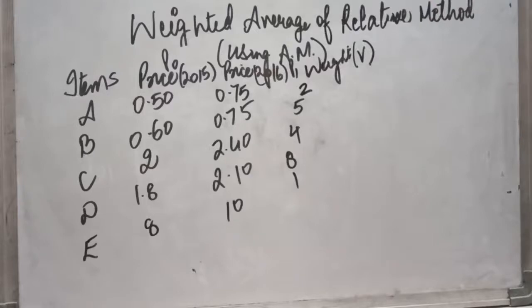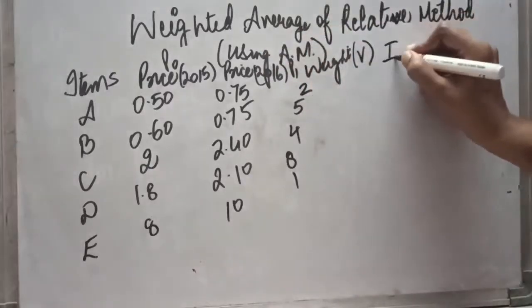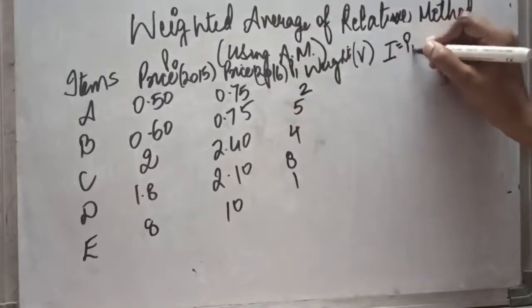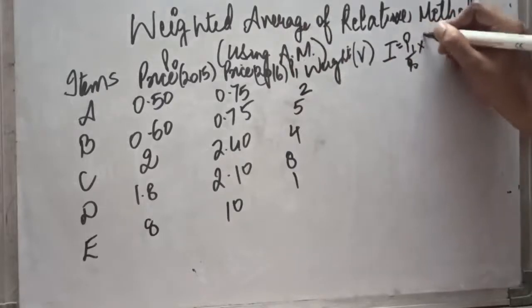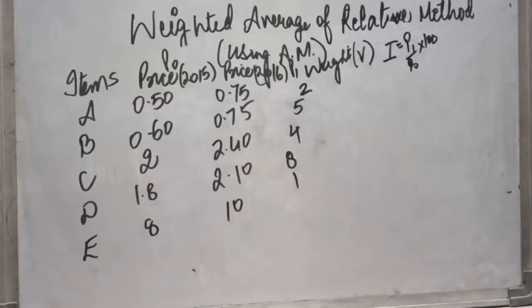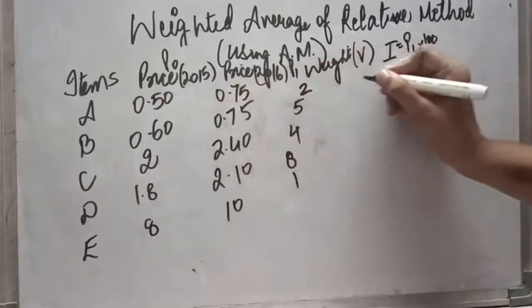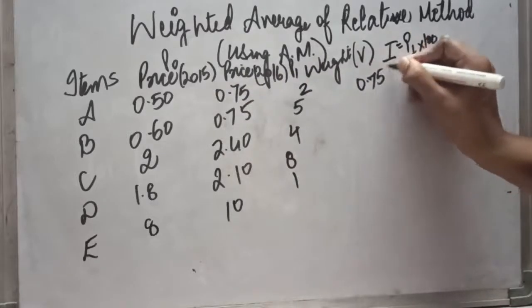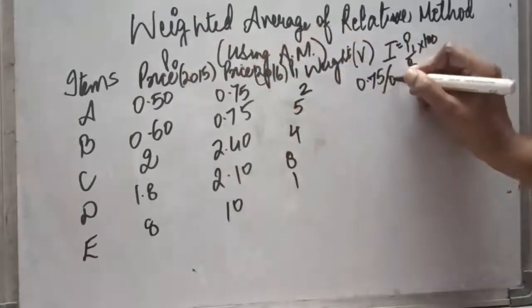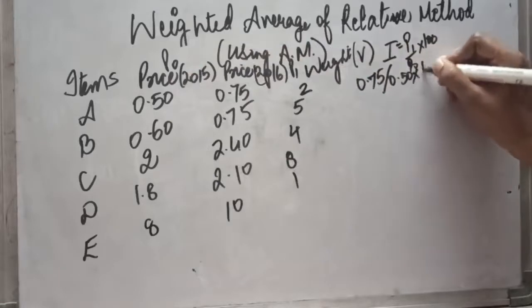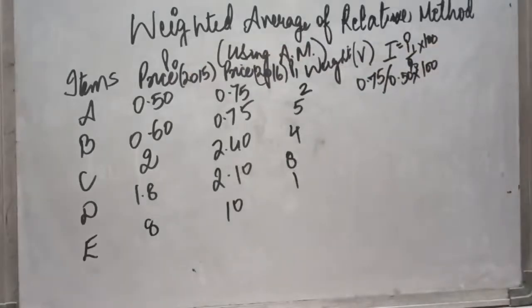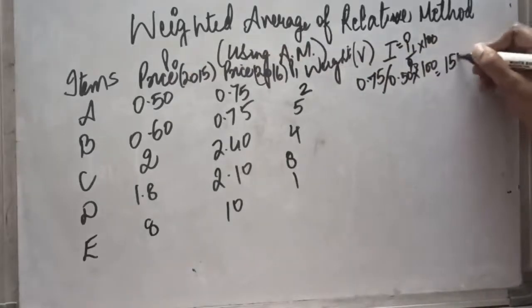Now when we have to apply the arithmetic mean, I will require the calculation of I. And I, we have seen, is like capital P, P1 upon P0 into 100. So in this case, P1 is 0.75 divided by 0.50 into 100. This comes out to be 150.